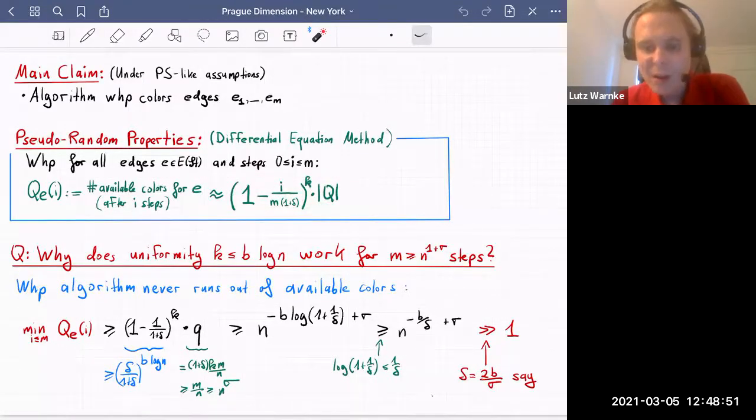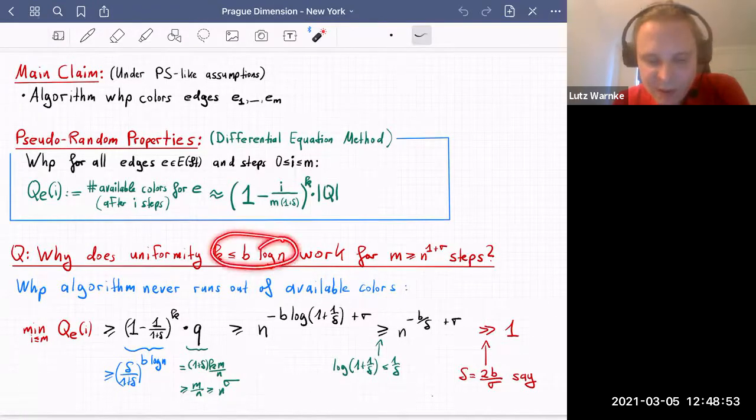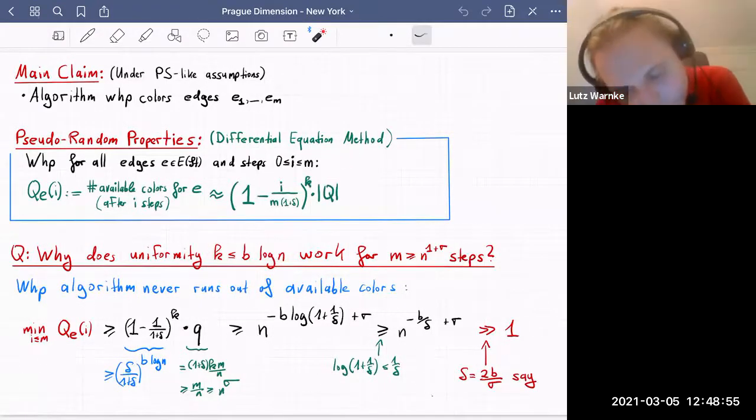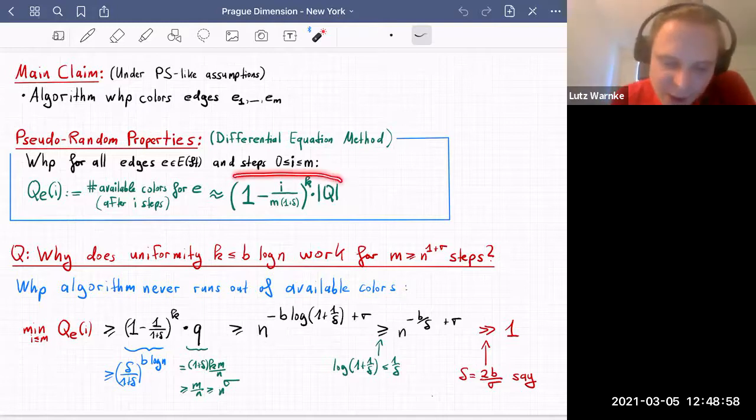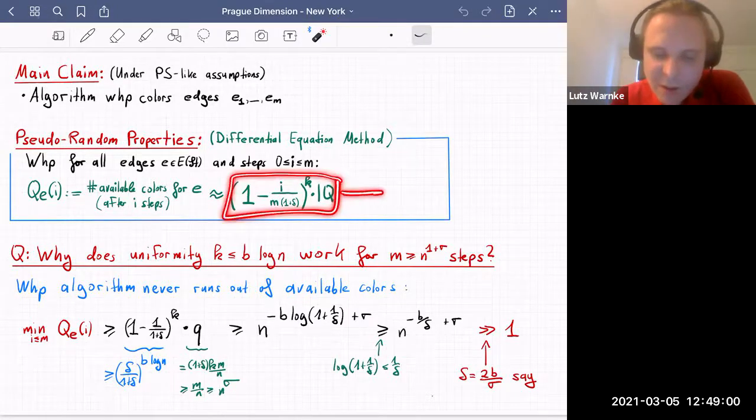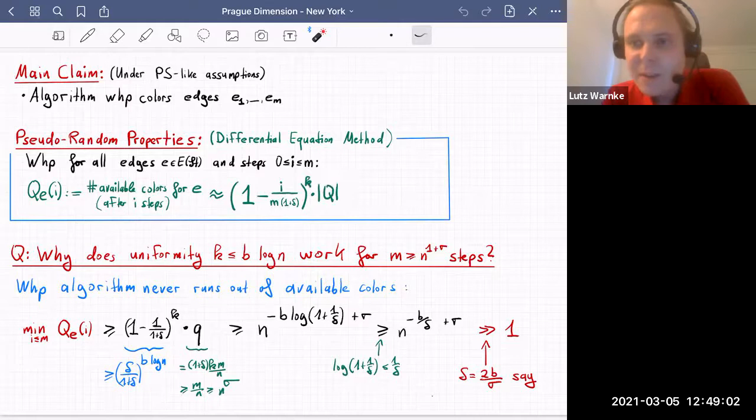Let me not do the calculation here, but it turns out that if you plug in this k at most b log n, then the way we set up everything, this number always stays very large. And that means that at any possible edge, the number of available colors stays large.